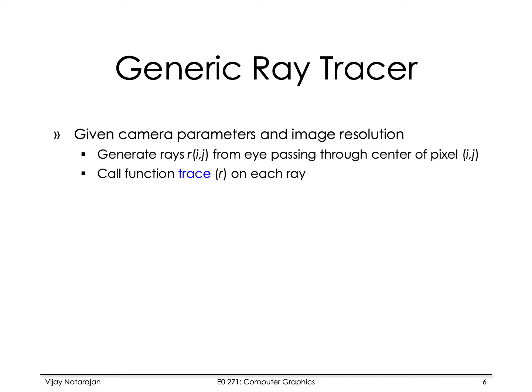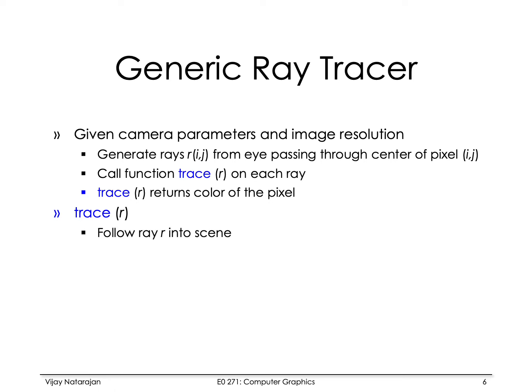We will talk about the structure of a function, let's call it trace R, which traces this ray into the scene. Trace R will return the intensity or the color at the particular pixel i, j.